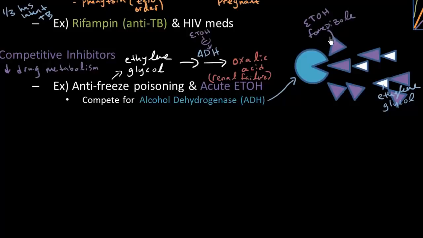But if you don't have the fomepizole available, you could just as easily use IV alcohol, or you could even be a little creative and use whiskey or something. Now, obviously, don't take this as medical advice, but it is an old treatment for ethylene glycol poisoning. And so that's the gist of competitive inhibitors.